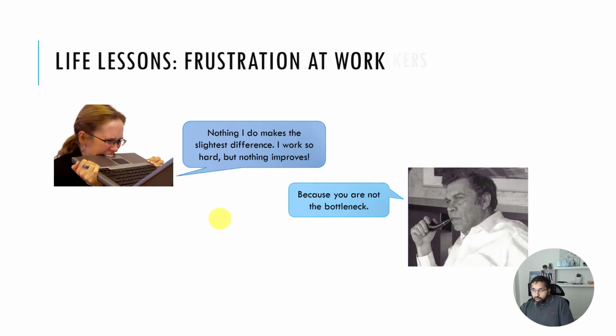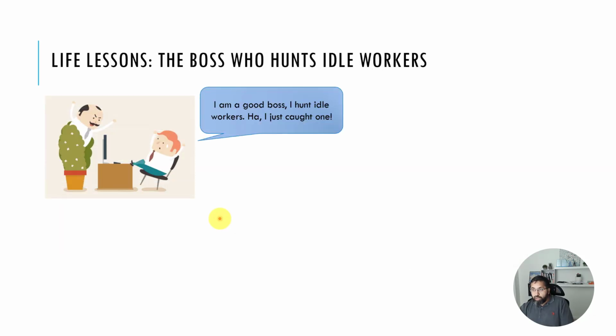Okay, let's look at another life lesson. Some bosses think that to be a boss, to be a manager, is just to go around and make sure everybody's working hard and everybody shows up on time. Some managers' whole idea of management is who showed up on time, who was 30 seconds late, and who's staying 30 minutes over and working hard.